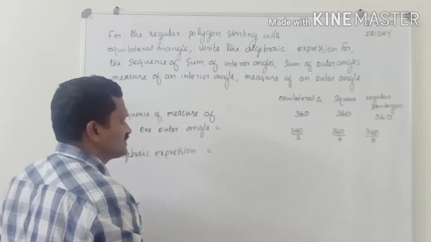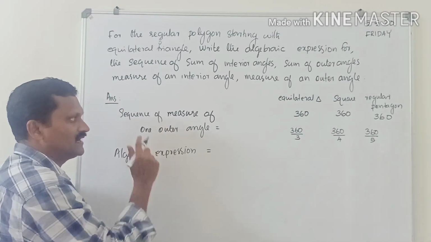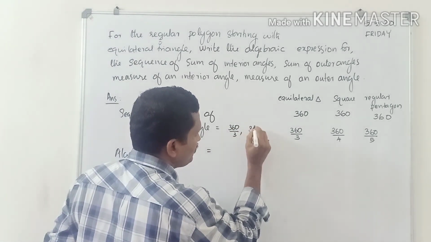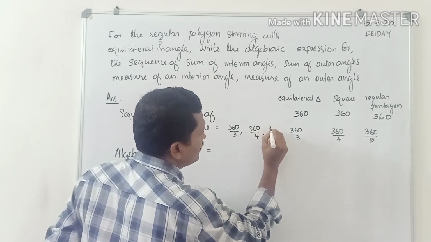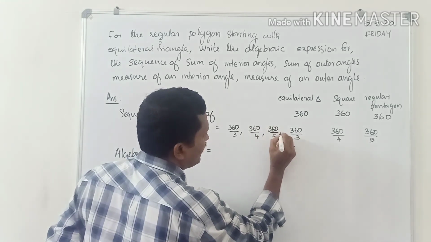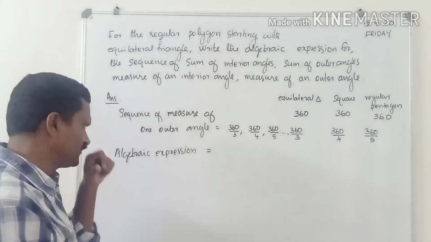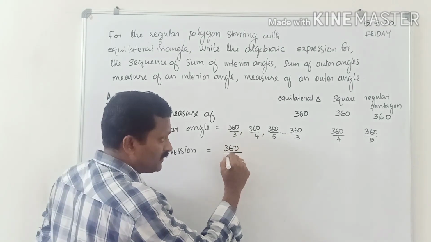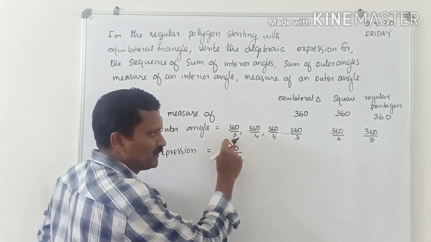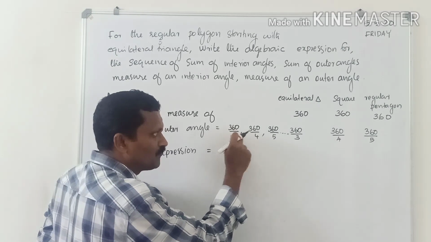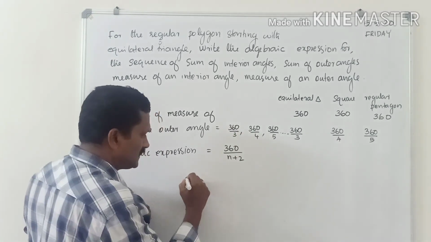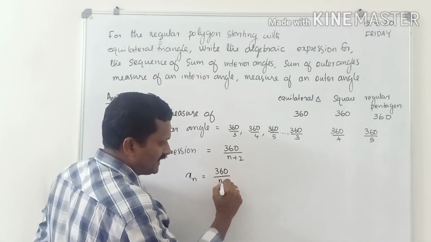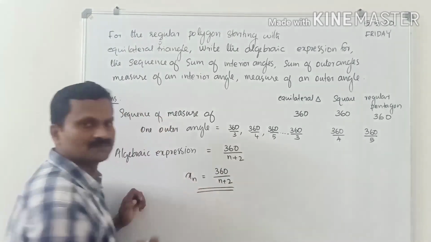That is, sequence of measures of one outer angle is 360 by 3, 360 by 4, 360 by 5, etc. Therefore, the algebraic expression is 360 divided by n plus 2. Denominators are 2 more than natural numbers. Therefore, xn equal to 360 divided by n plus 2.